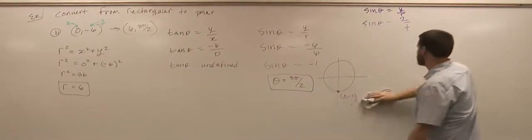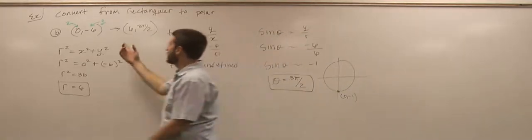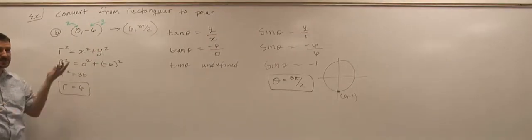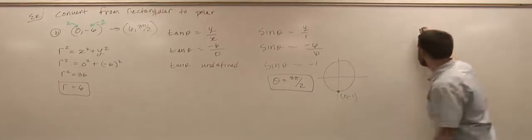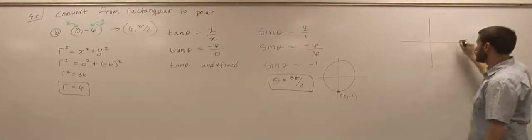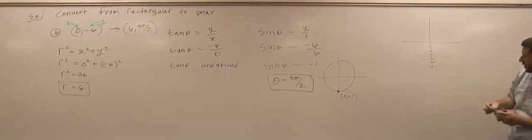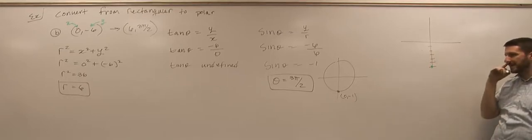Now, in my opinion, I just severely wasted your time, because using these formulas for something so simple as 0, negative 6 is just a waste of time. If you graph 0, negative 6 in x, y coordinates, 1, 2, 3, 4, 5, 6, you can just convert this to polar without doing any trig at all.